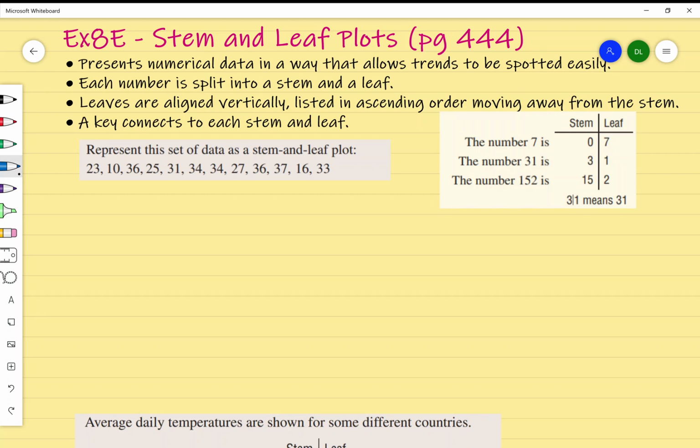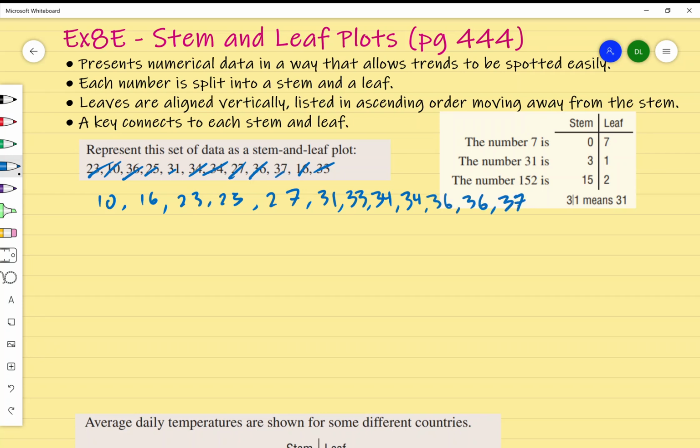So the smallest number I have is 10, and then I believe the next one is 16, then 23, 25, 25, and then 27 and 31, 31, and then 33, 34, 33, 34, and there's another 34, 34, 34. I think I'm going to run out of space, and then there are two 36s and a 37, and a 37.